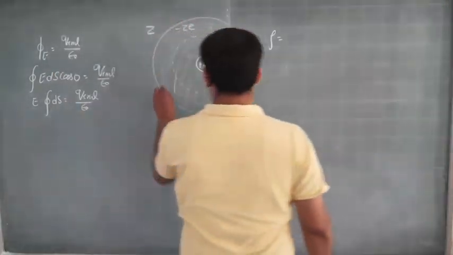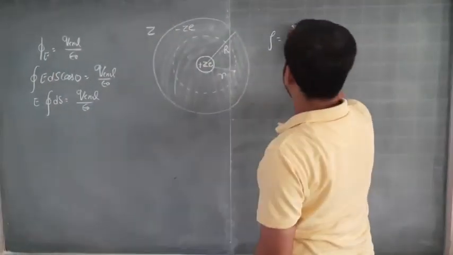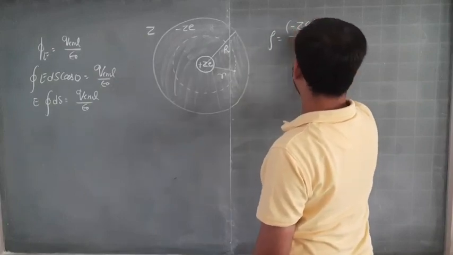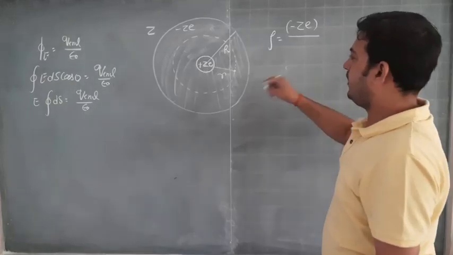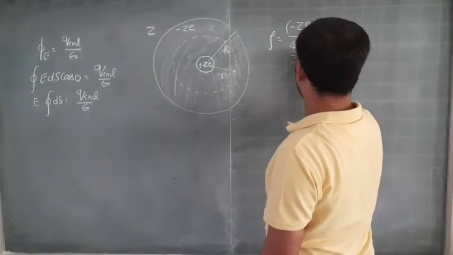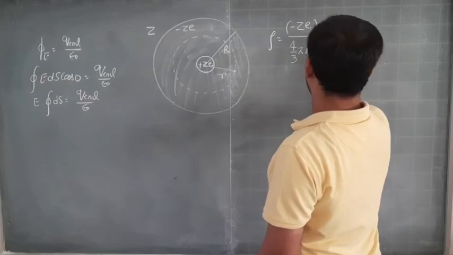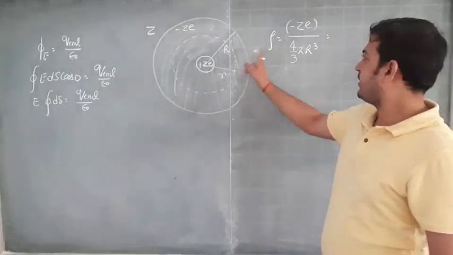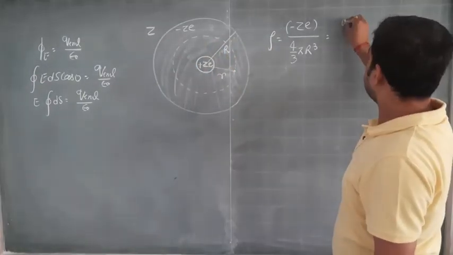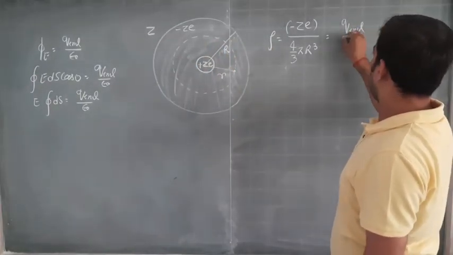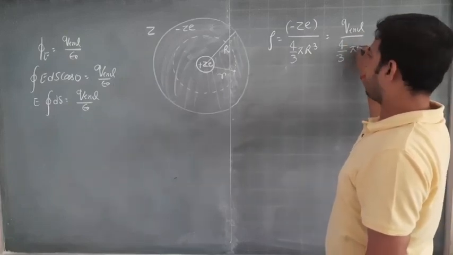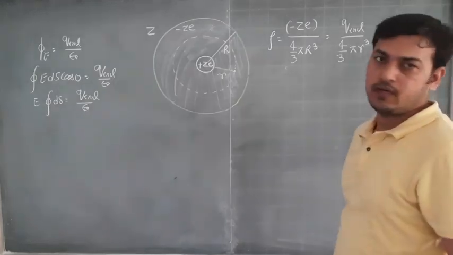For the complete negative cloud, I can write the charge as minus Ze divided by the volume, which is 4 by 3 pi R cube. Similarly, I can find the density for this portion too, with the enclosed charge divided by the volume 4 by 3 pi r cube.